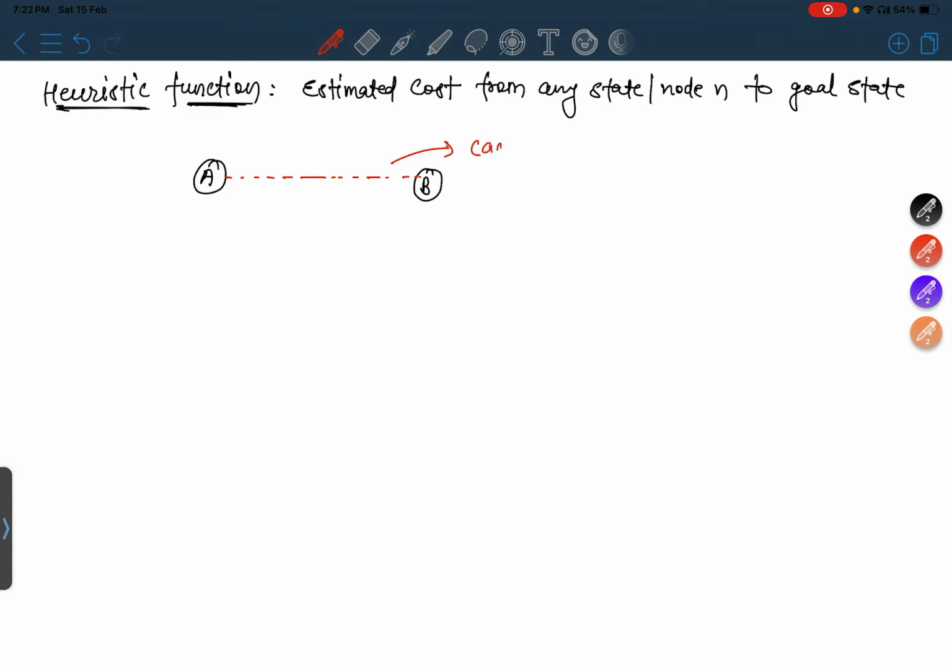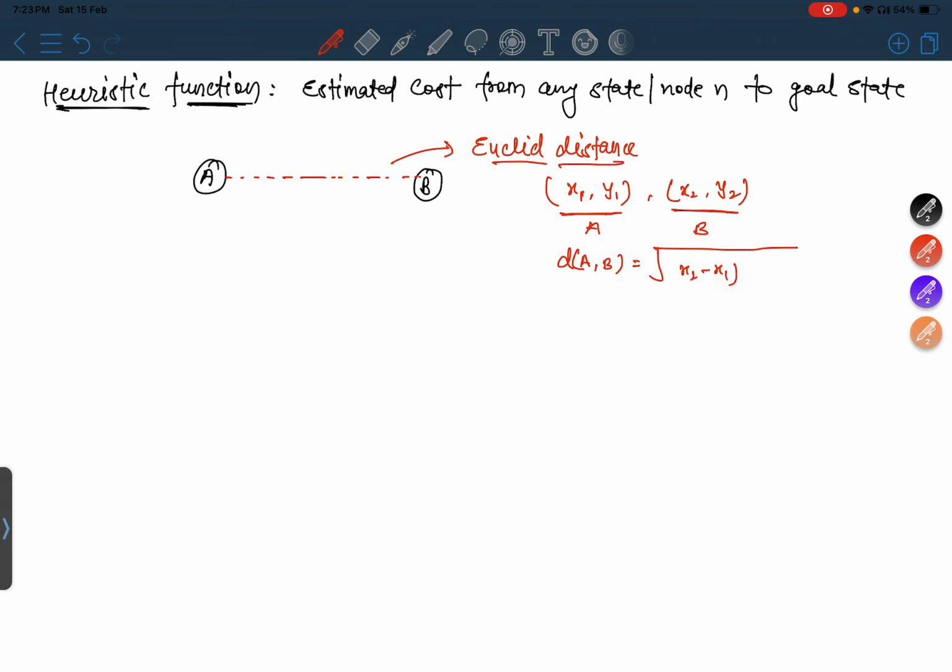You can calculate it with the Euclidean distance function, which you must have studied in other courses and in high school maths also. For two points (x1, y1) and (x2, y2), let's say I call one point A and the other point B, then d(A,B) will be the square root of (x2 minus x1) whole square plus (y2 minus y1) whole square. So this is the shortest distance, also known as the Euclidean distance between 2 points.